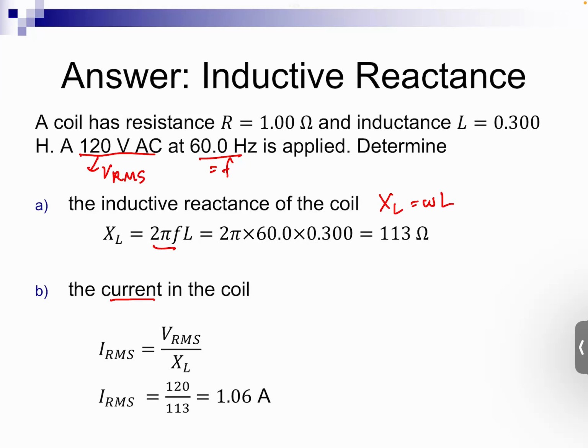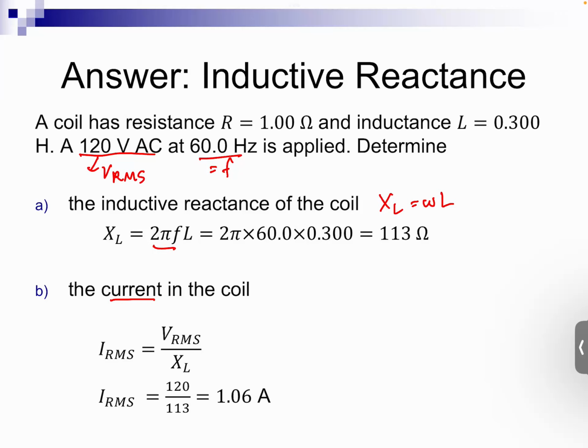If we mean maximum voltage, we will specify that the maximum voltage is such and such volts, and therefore it will be maximum current that you will be calculating using that maximum voltage. But in this case, what's given is the RMS voltage, and hence what we can calculate is the RMS current.